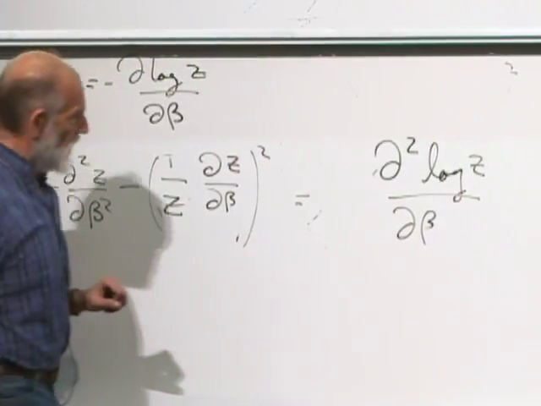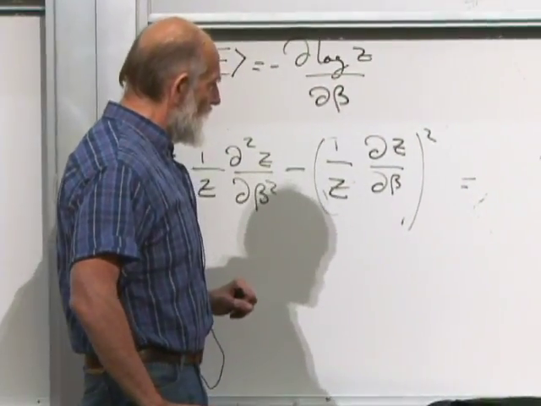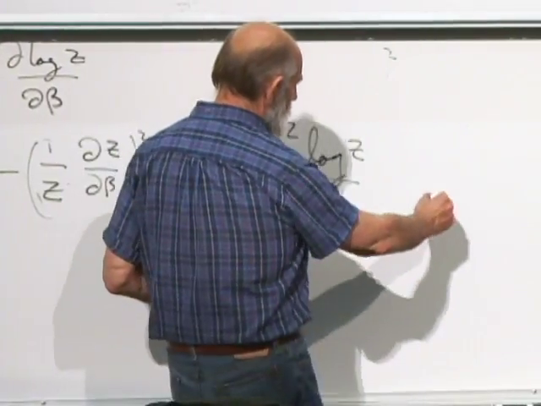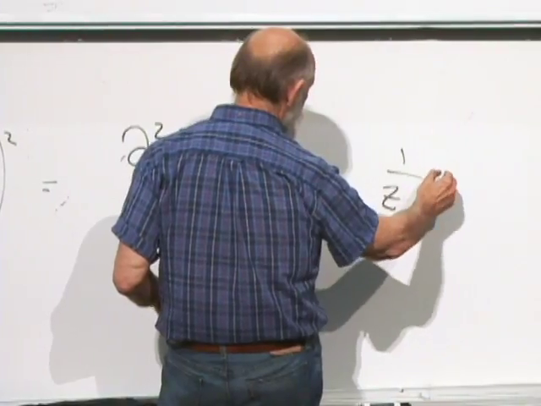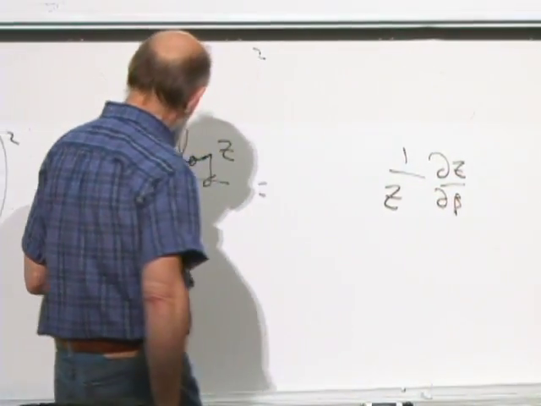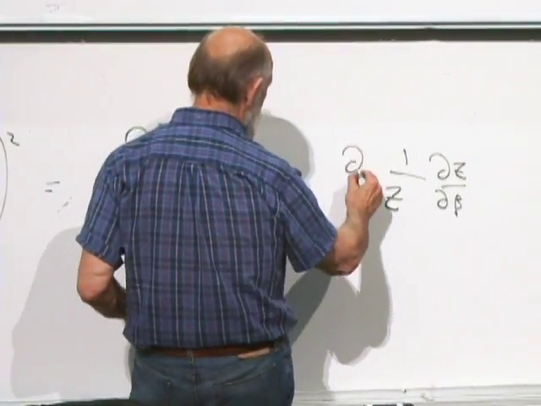The derivative of log Z with respect to beta is 1 over Z dZ by d beta. That's the first derivative. And now we want to differentiate it again with respect to beta.